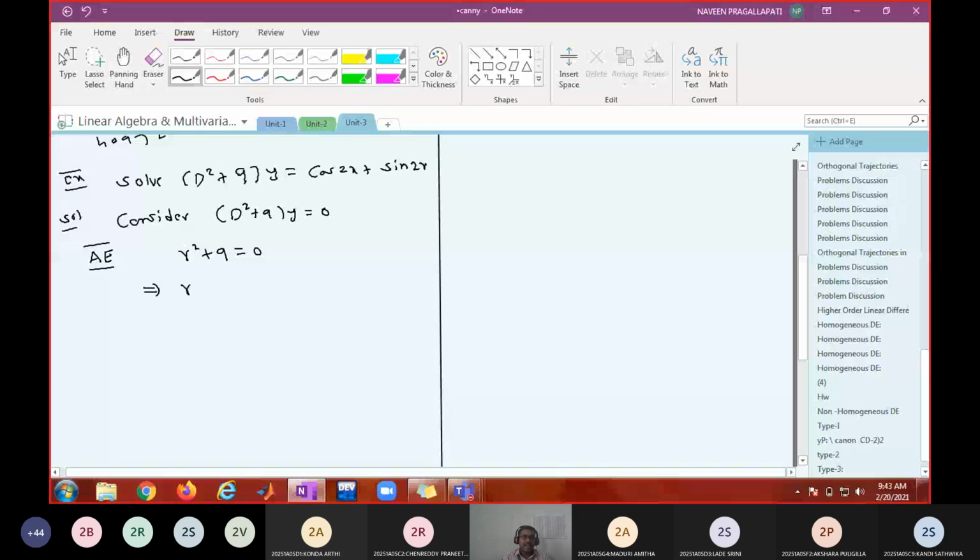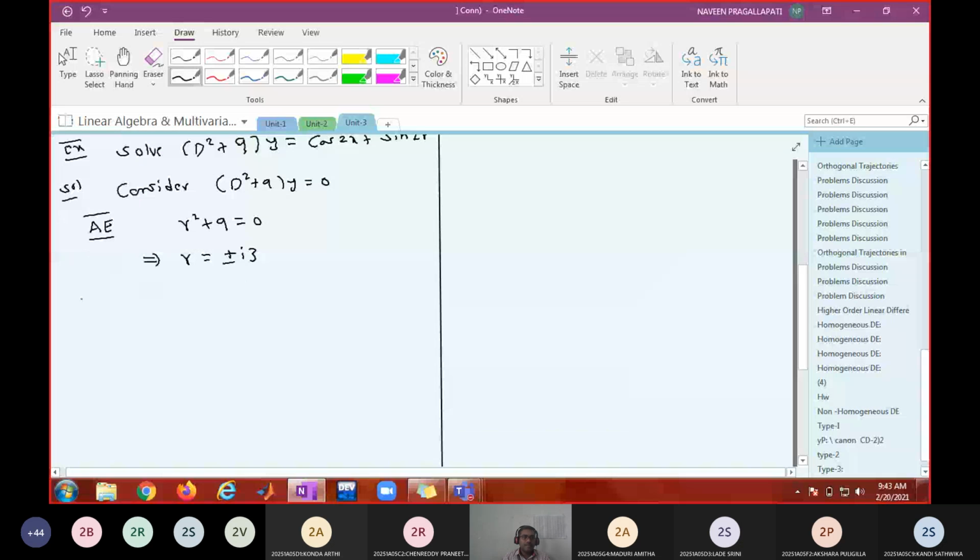What are the roots? r equal to plus or minus 3i. So what is a? What is b here? It is a plus or minus ib, where a is 0, b is 3. If it is a plus or minus ib, then it is going to be e power ax into (c1 cos bx plus c2 sin bx). Here a is 0, so e power 0x into (c1 cos 3x plus c2 sin 3x).